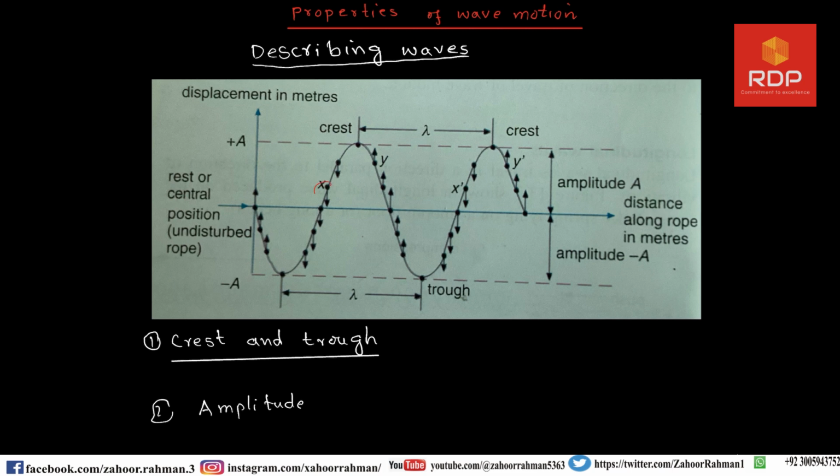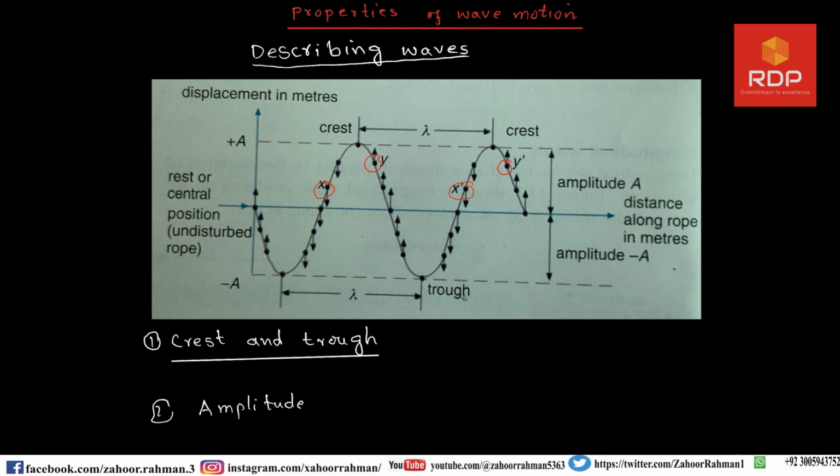For example, this x and this x dash are in phase because they are both moving in the downward direction. You can see that from the arrows. And similarly, y and y dash are in phase because both of them are moving in the upward direction at the same position.